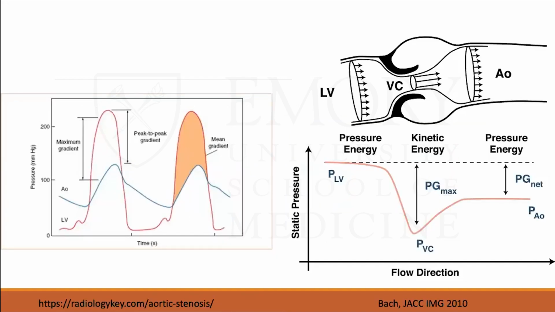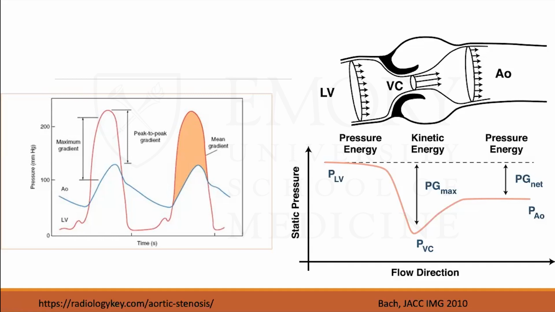Here's another important concept, and this is correlating our echo measurements of gradients and velocity with our cath measurements. Bring your attention first to this picture on the left. The timing of the peak LV pressure and the peak aortic pressure is different. They don't happen at the same time. The peak aortic pressure happens later.